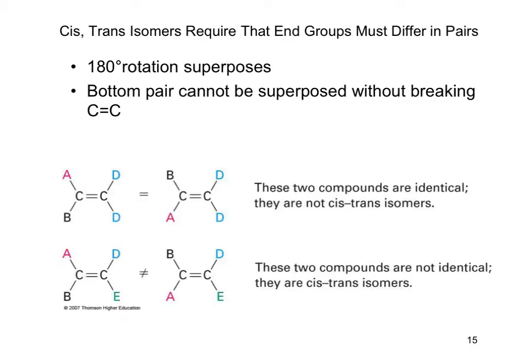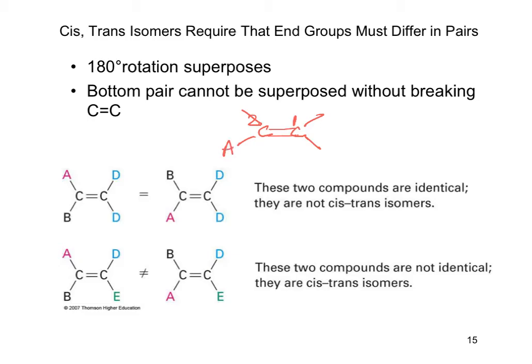This slide basically highlights what we have been talking about. If you are seeking cis and trans, there must be an actual pair across the double bond. That means you have to look at the double bond, and on carbon number 1 and carbon number 2, there should be groups that will look the same or different.